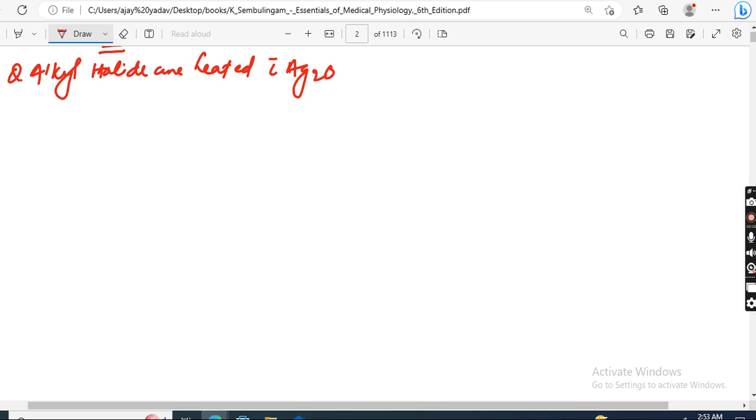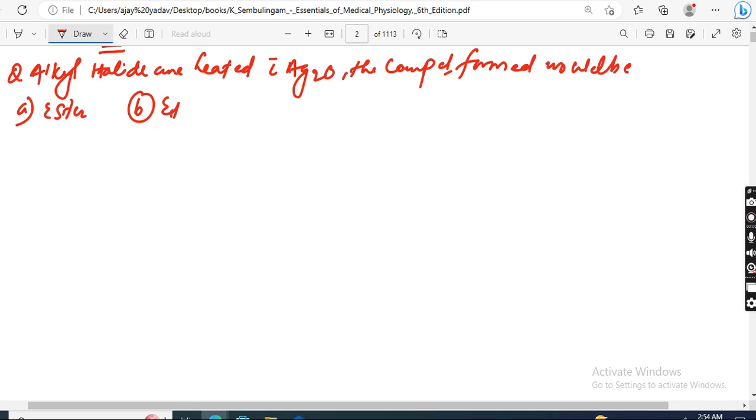Okay, the compound formed would be: option A is ester, option B is ether, option C is ketone, option D is AgCl plus hydrocarbon. So let us see the reaction.